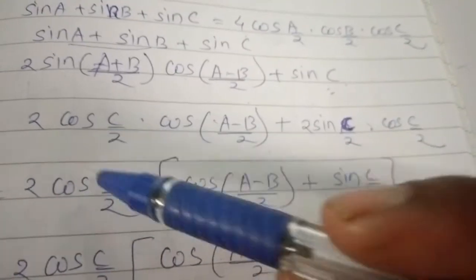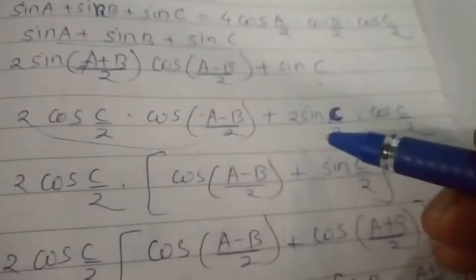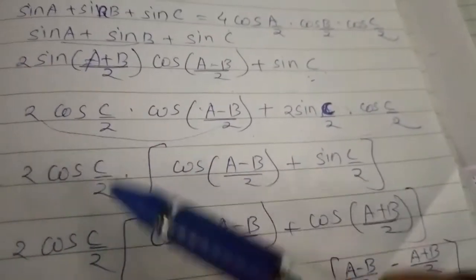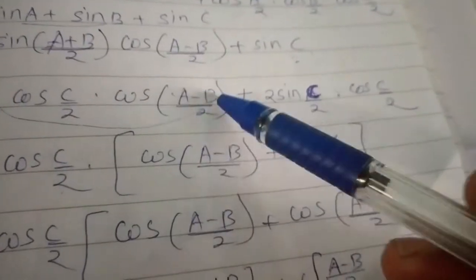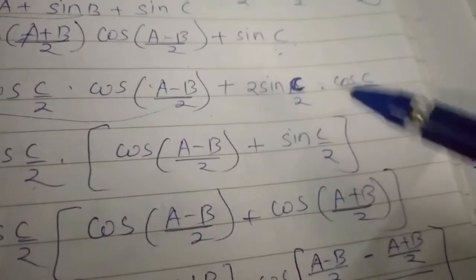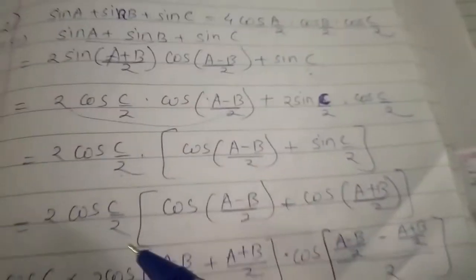Here we take the common factor 2 cos(c/2) from these two terms. So in the bracket we get cos((a−b)/2) plus sin(c/2), because we take 2 cos(c/2) common.